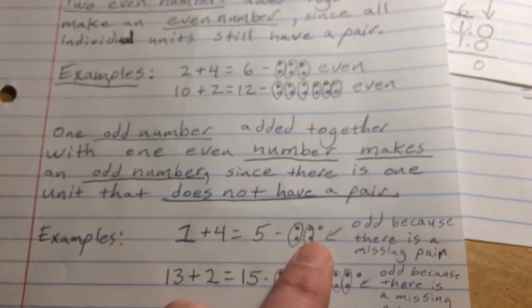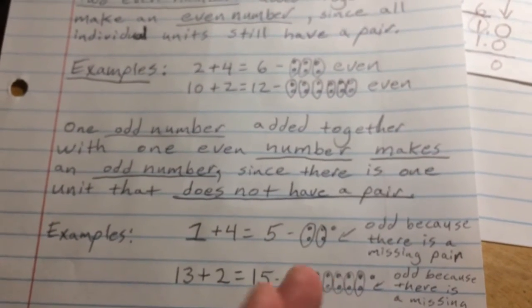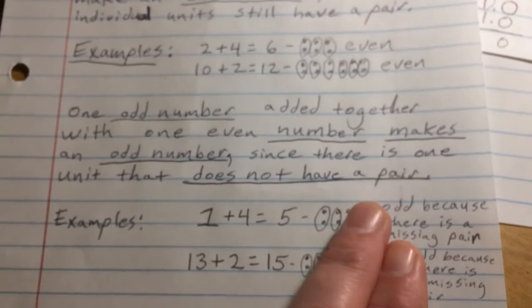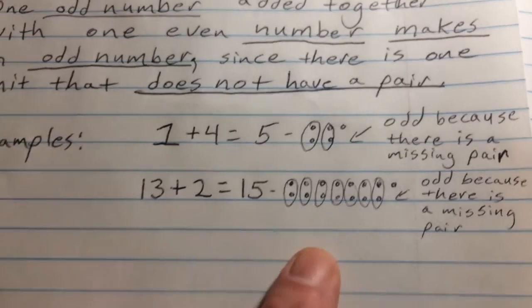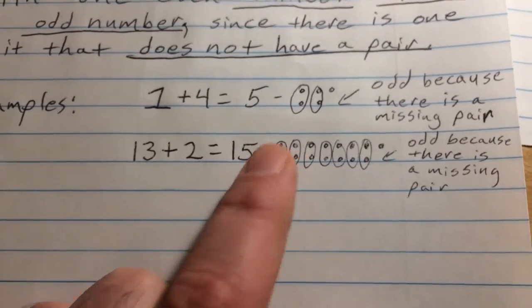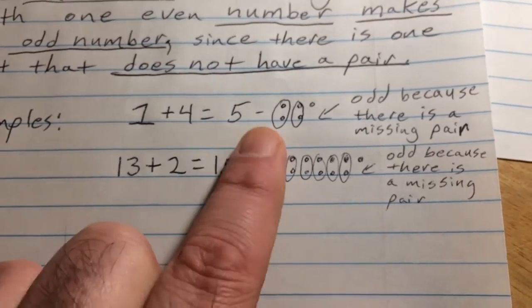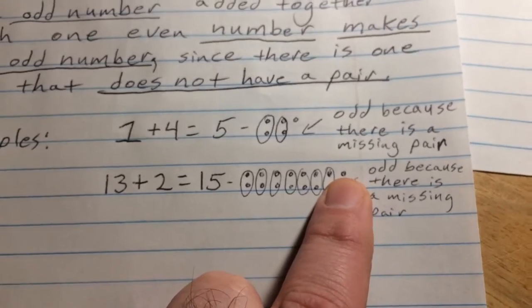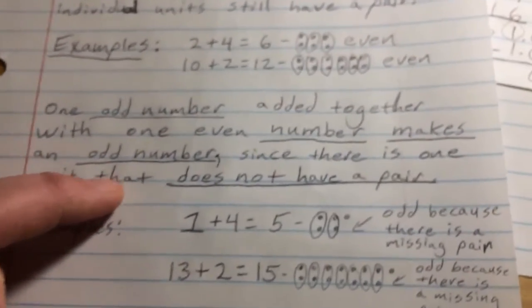Of course it's always going to come out odd, because you have a set with 1 loose and another one that has no loose, so it's still going to have 1 loose when you join the 2 together. So take the number 2, that's even. Then you take the number 13, and it's all the other ones mentioned up to this one, and you're still going to have that loose 1. It doesn't matter how large it is, it would still do this.